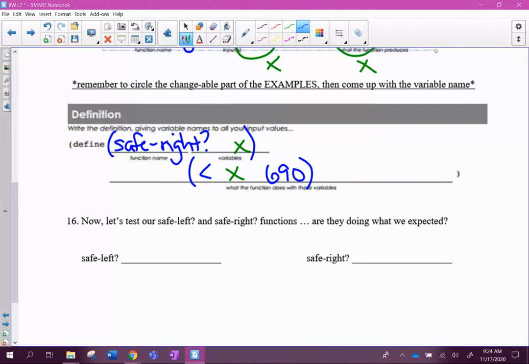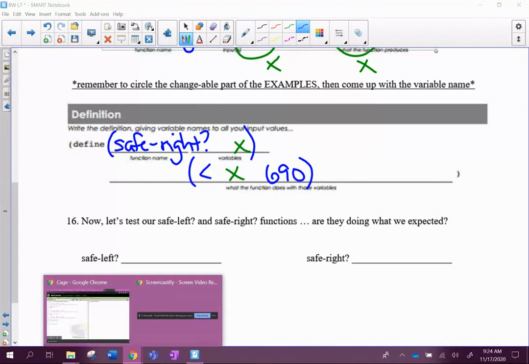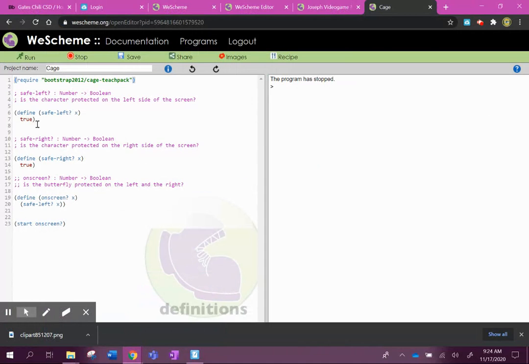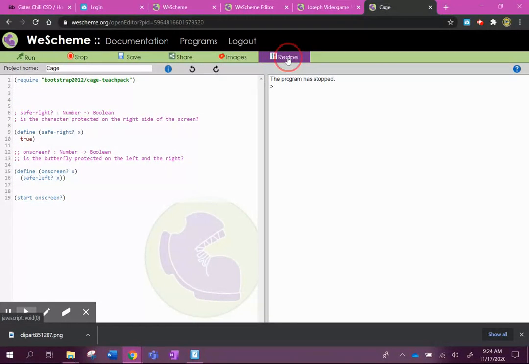Okay. Now, we want to test our safe left and safe right functions, which means we need to type these into WeScheme as a design recipe. So if you go back into your code, over on this side, we're going to delete these out here and do a design recipe.